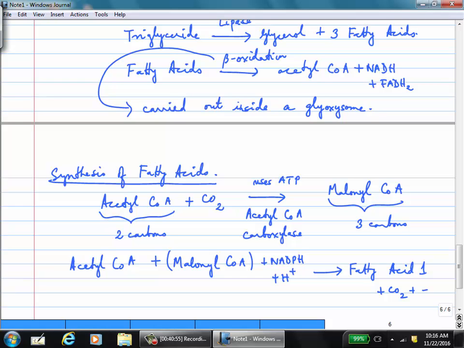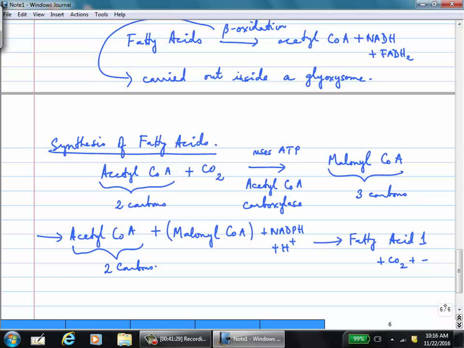The important thing to note is that you need the malonyl coenzyme A to get this reaction started. Acetyl coenzyme A has 2 carbons, so it's going to react with malonyl coenzyme A and produce a fatty acid that will have 2 more carbons than what it had before. So if you had 0 carbons, now it's plus 2. Then in the next step, this reaction will continue.